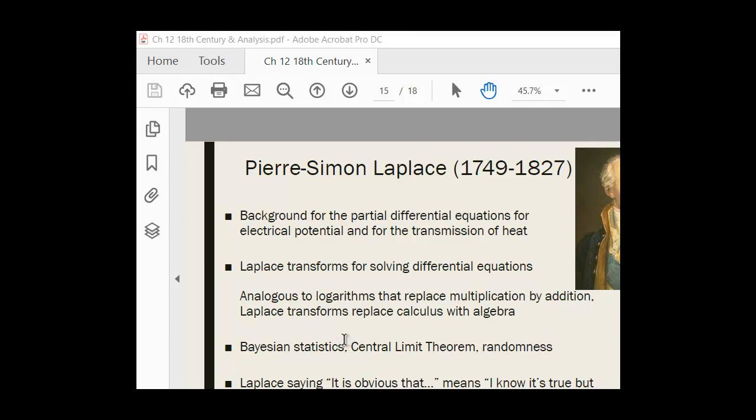Maybe most importantly, Laplace was interested in probability and statistics. For example, he founded the ideas that we today know as Bayesian statistics. He was instrumental in developing the central limit theorem, which is the idea that when we average a bunch of measurements, the results tend to follow a bell curve.